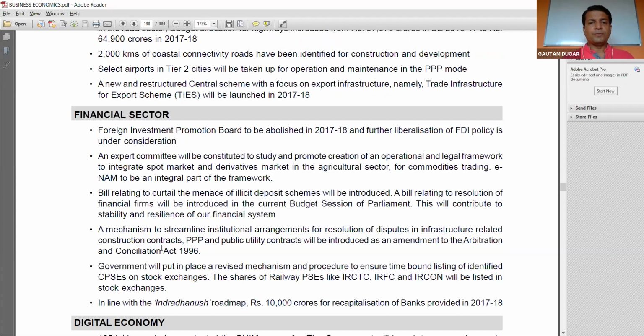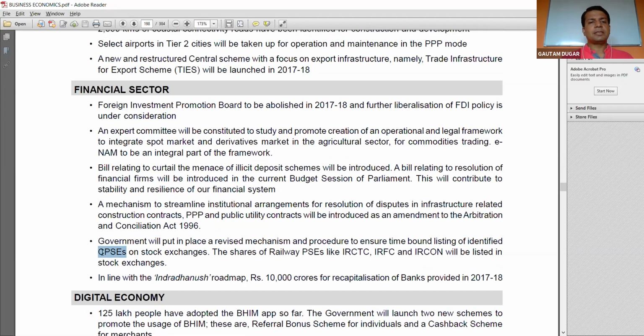You must know the full form of CPSEs. CPSEs are Central Public Sector Enterprises. What is PPP? Here you have it on the screen. PPP is Public Private Partnership.